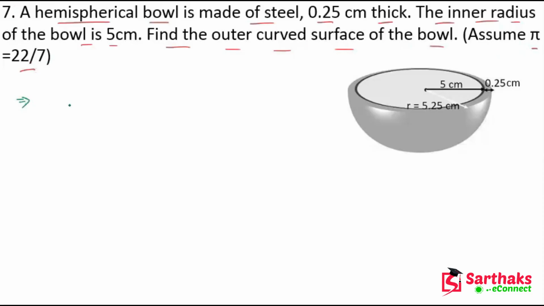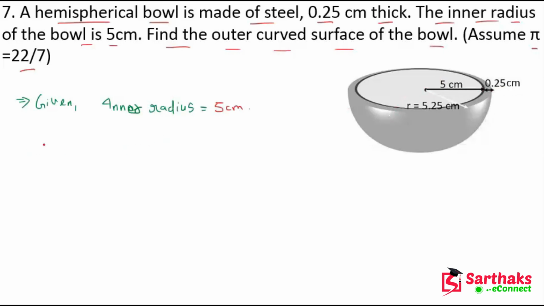Now we need to find the outer curved surface area. For finding it, we have to find the outer radius. Given is the inner radius, which is 5 centimeter, and we have the thickness, which is 0.25 centimeter.